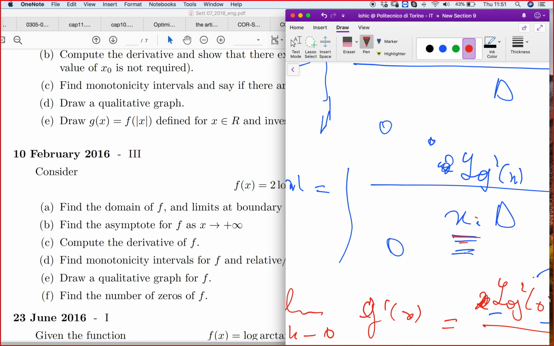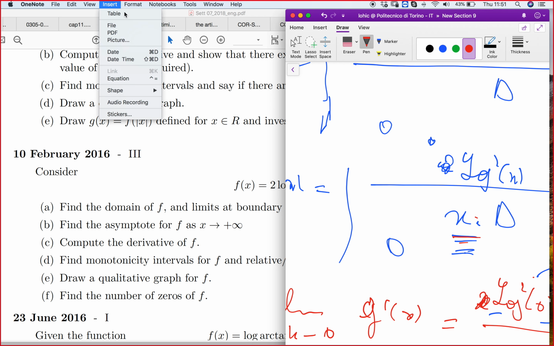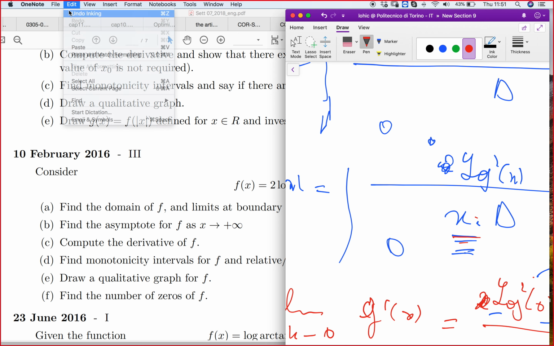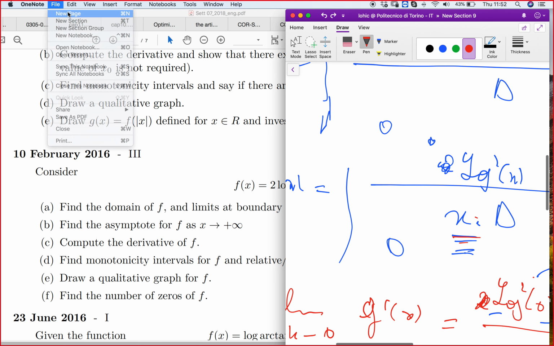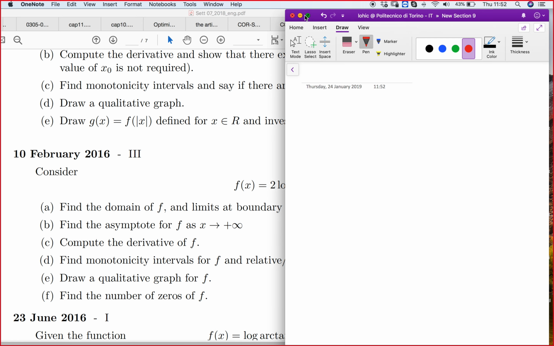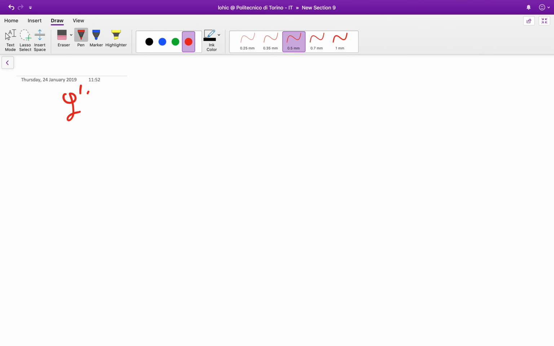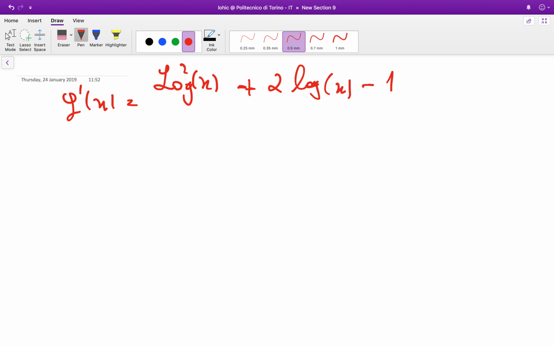The derivative was g prime of x equal to log square of x plus 2 log of x minus 1 over x. Excuse me, can you repeat please?